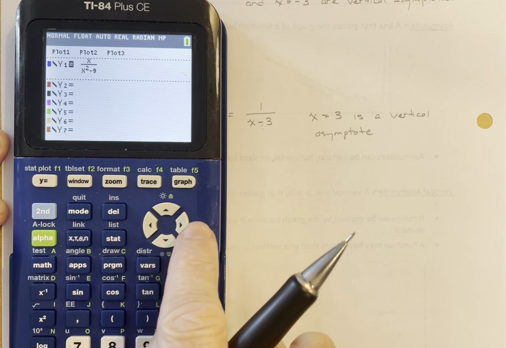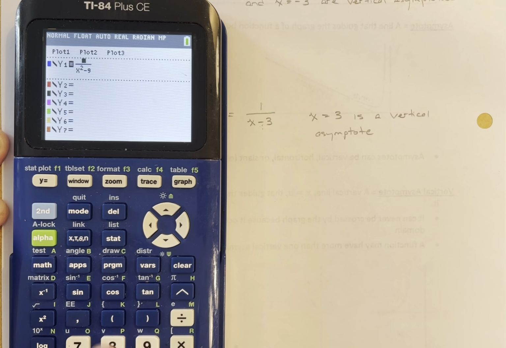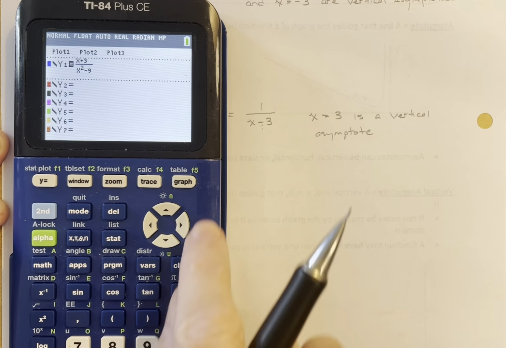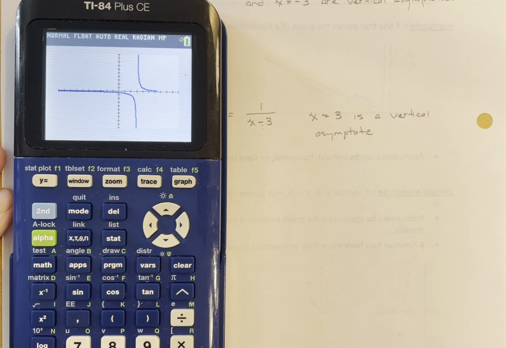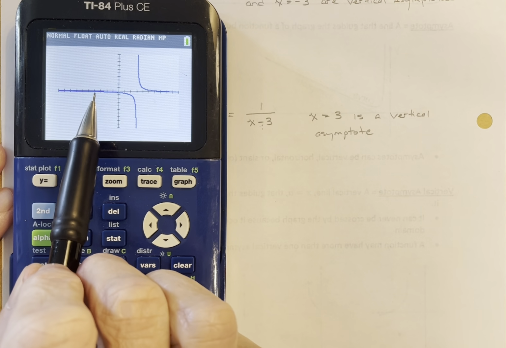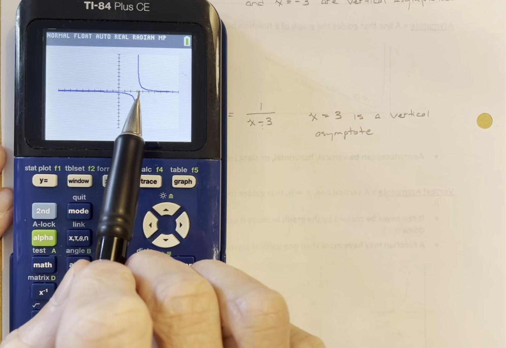Let's go to y equals, and let's note our numerator changed from x to x plus 3. And then I'm going to graph that. And here comes the graph. And you'll notice that there's your vertical asymptote at x equals 3. Notice there's not a vertical asymptote at x equals negative 3.